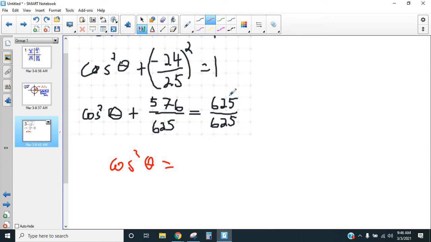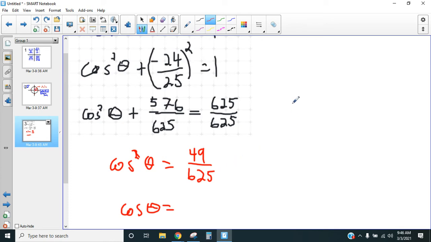All right, so what we're really doing here is we're doing 625 minus 576. 49, yep, 49 over 625. And now this is the cosine squared. Remember, our goal is to solve for cosine. So let's do the square root, right?